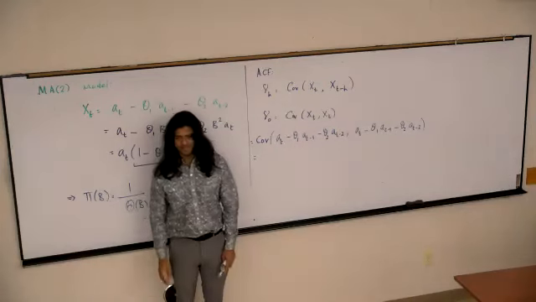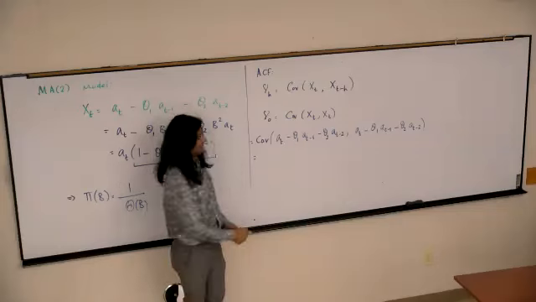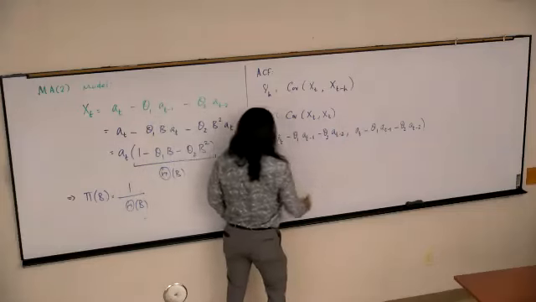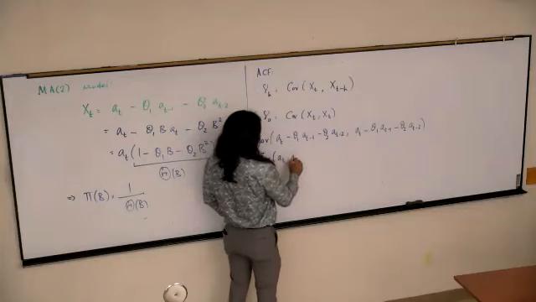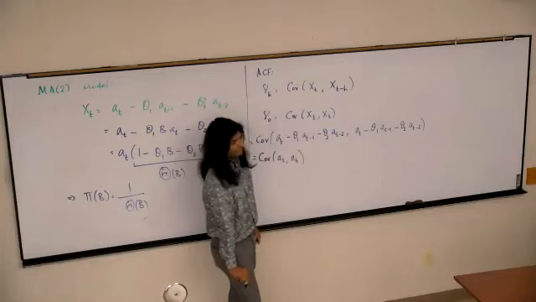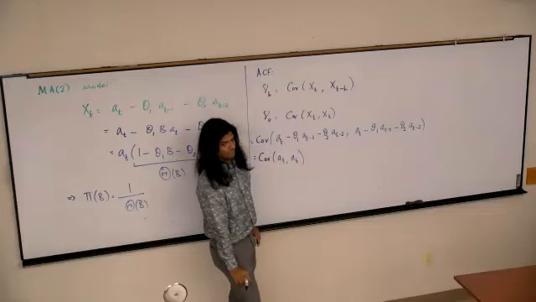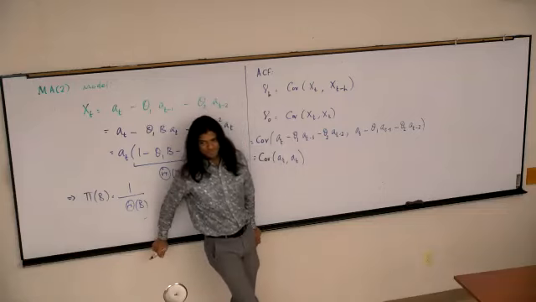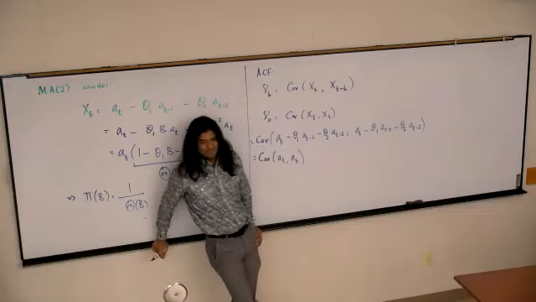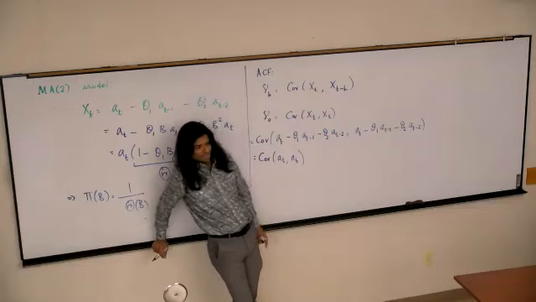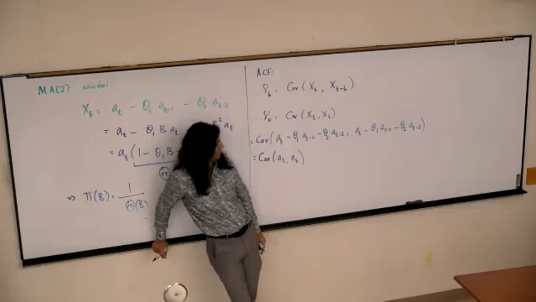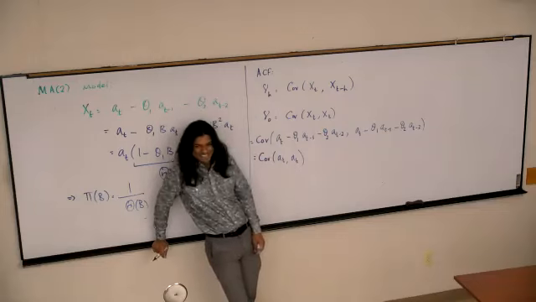So a sub t, what is the covariance of that? It is the variance, but what would it be? What is the answer?